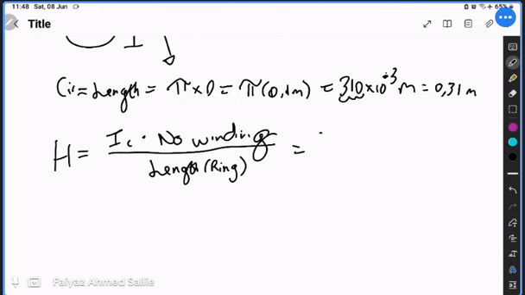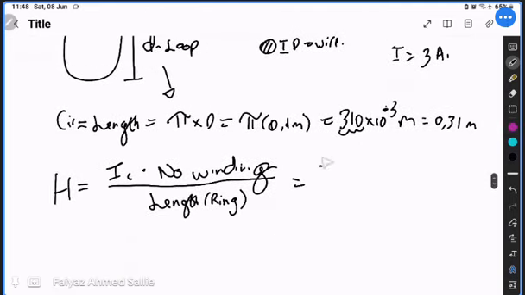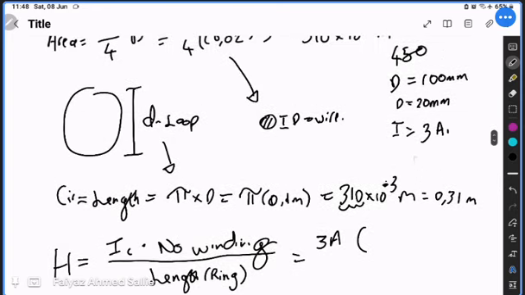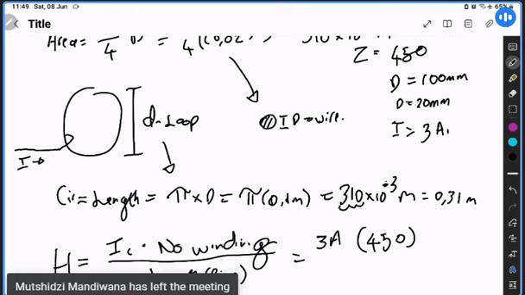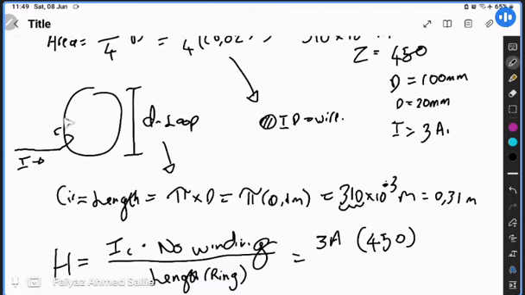So we have a current of 3 amps. We have 450 windings. So basically what they mean is that you're going to take a copper wire and current going to flow through here, and we have a ring where we have these windings around this ring.